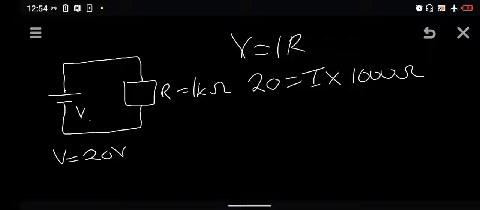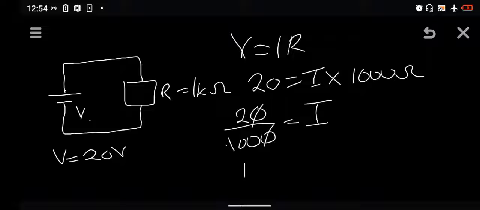We have 20 over 1000 equals I. So we divide, and the current is 0.02 amp.